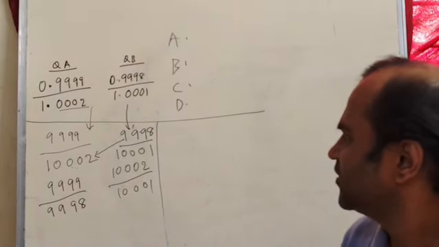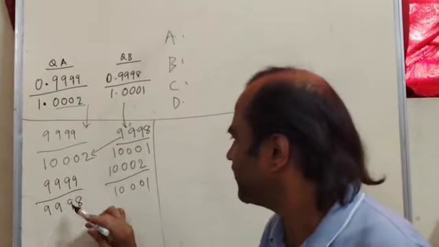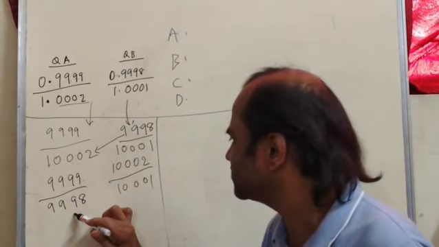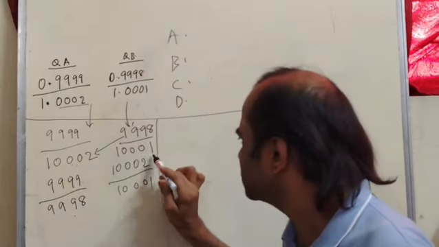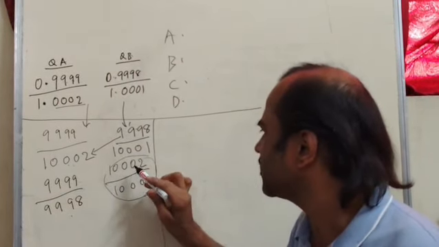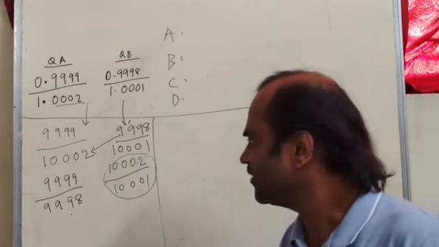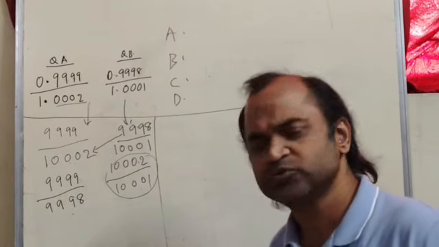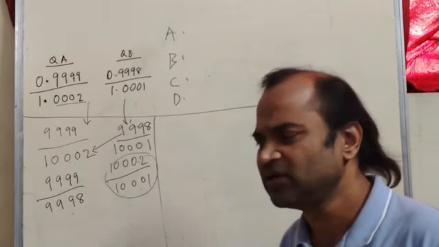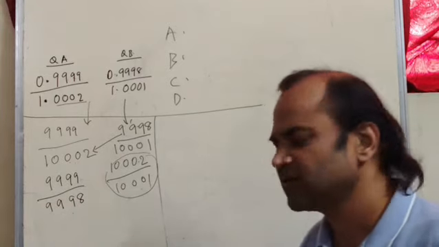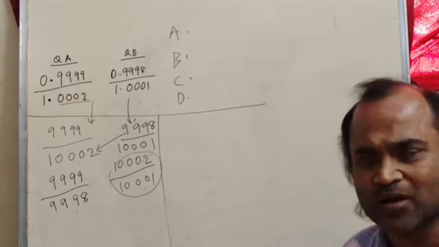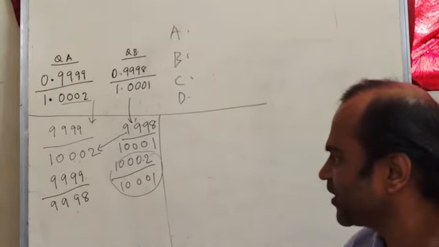Okay. So quantity A fraction is this fraction and quantity B fraction is this one: 10,002 over 10,001 and 9,999 over 9,998. Now how to compare these two fractions?